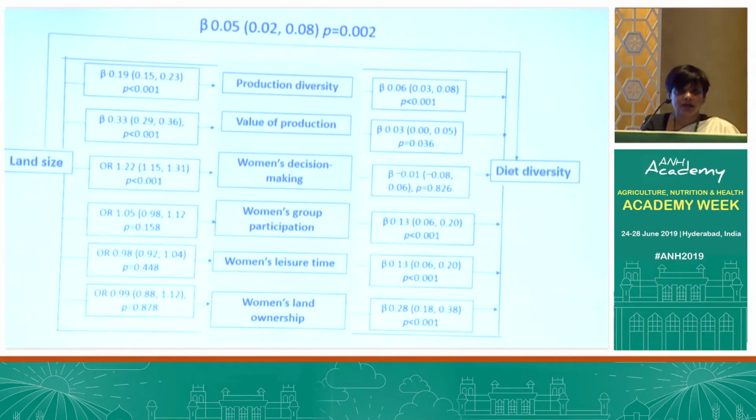So what did we find? I'll just demystify this a bit. This is not a mediation, it's not a DAG. They're all independent associations. Remember, the topmost arrow shows that land size is statistically significantly related to dietary diversity, but the effect sizes are rather small, as you will see, a beta coefficient of 0.05.